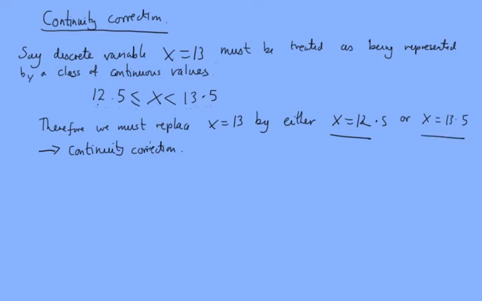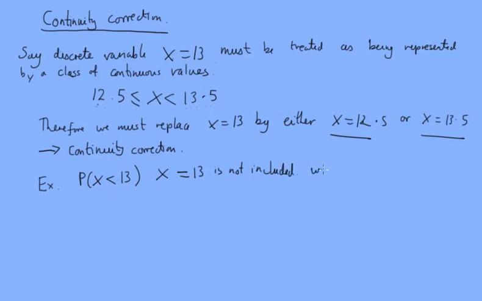So let's think about how we would do that. Let's think of an example where we wish to find the probability of x less than 13. But x equals 13 is not included.